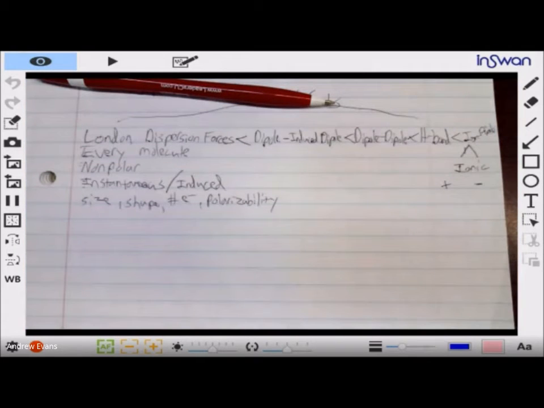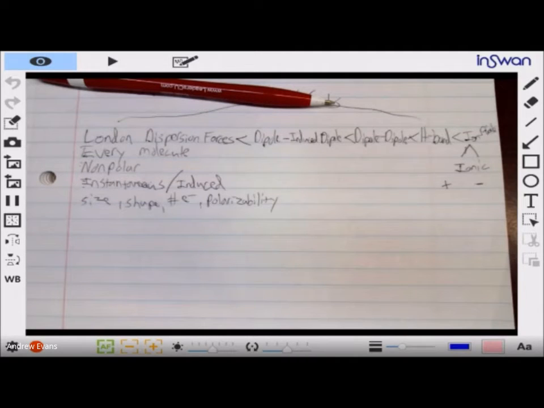So iodine, I2, is a solid, while Br2 is slightly less polarizable. And so Br2 ends up being a liquid. And chlorine and fluorine are even less polarizable than the other two. And so they end up being gases at room temperature, even though they all have the exact same shape. The difference is the size and number of electrons and essentially polarizability.